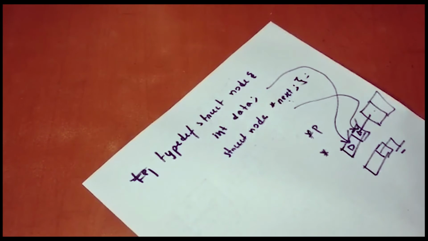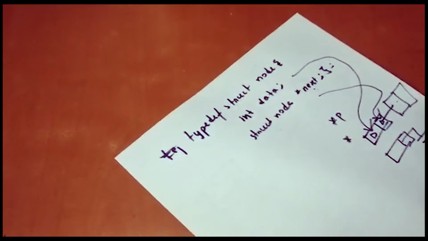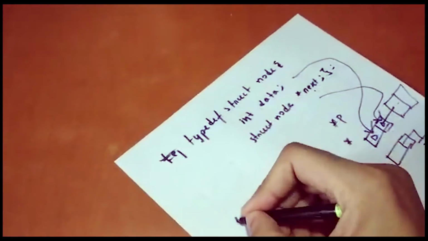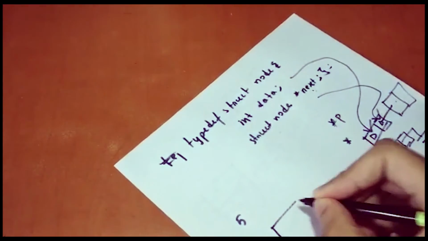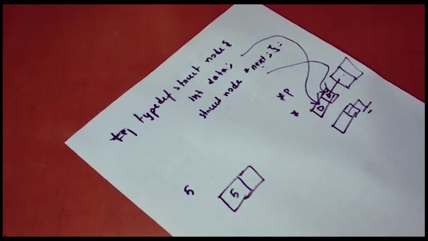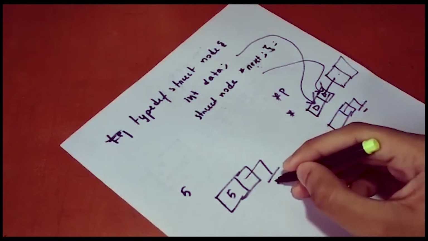I want to show you how the mechanism works. For example, if I enter the first value, let it be 5, it will be stored inside this node. Now what will be the address part? This address part will be pointed like this.